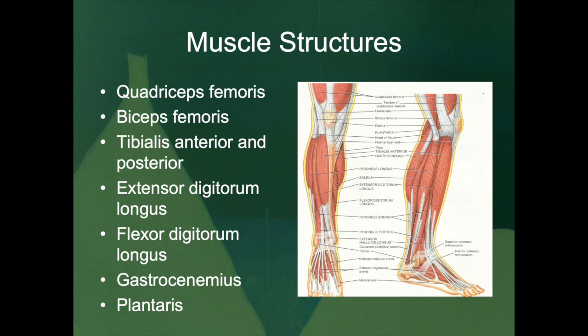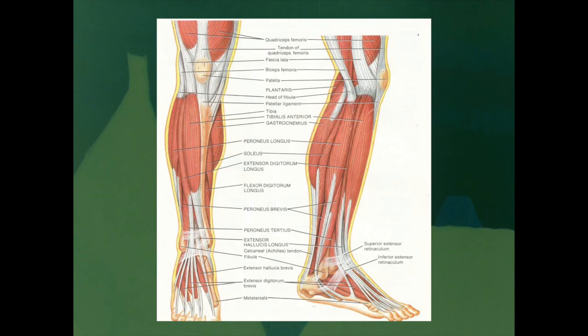The insertion is going to be associated with the Achilles tendon. So in this case, it's the distal segment of both the tibia and fibula. What is this important for? Again, plantar flexion of the foot and overall flexing of the lower leg.